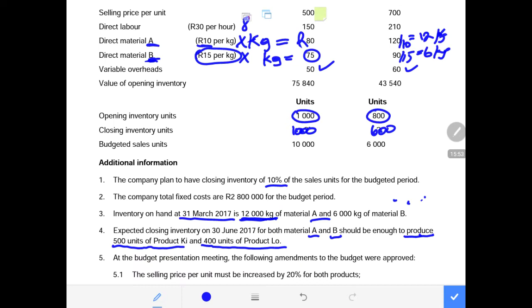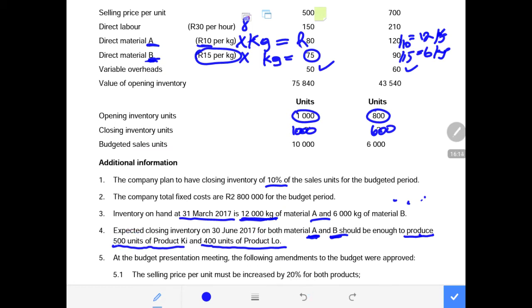I know I might be saying quite more advanced stuff. Now, it says expected closing inventory at the end of June for material A and B should be enough to produce how many units? 500 units of product KI and 400 for product LO.